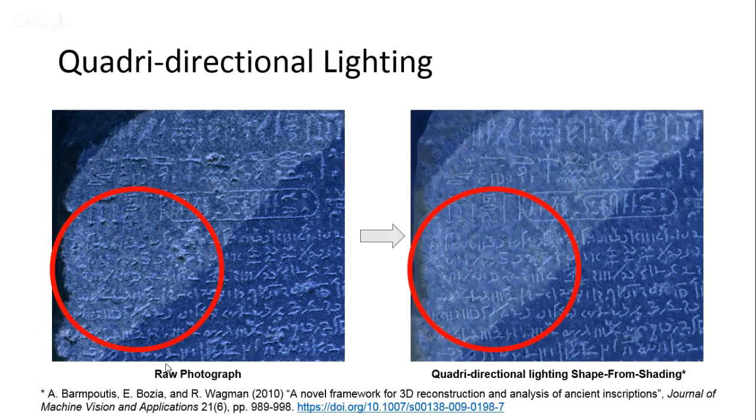What is problematic in this particular case is that this shape from shading technique works very well if the material properties of the object are very well known. For instance, for paper, ectipa, it's a very porous medium, and there is no significant specularity, which is not the case here.